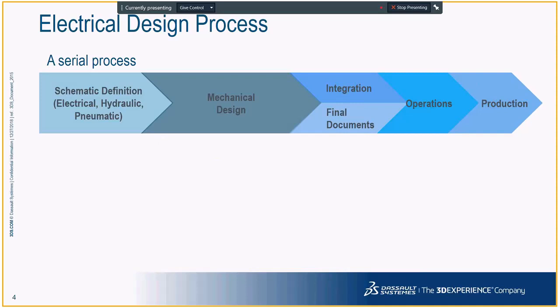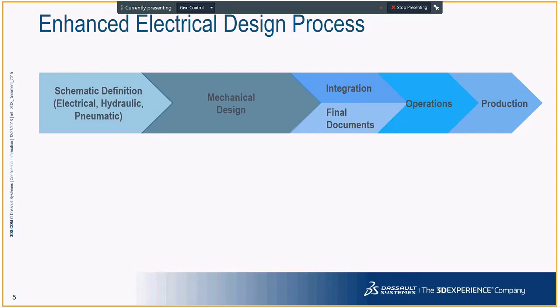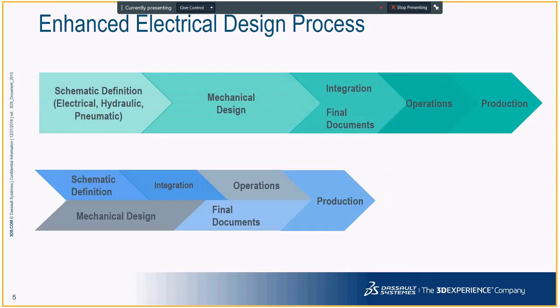Either way, let us see what an enhanced electrical design process looks like. The electrical engineers do the schematic definition while the mechanical design is built. In this parallel process, schematic definition and mechanical design can be done in parallel, and integration can happen at a later part.